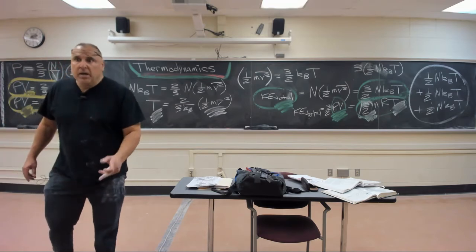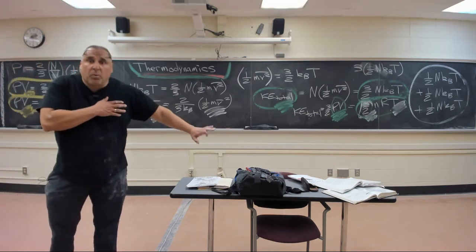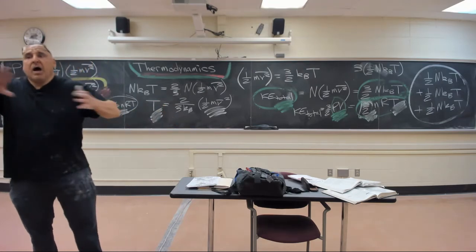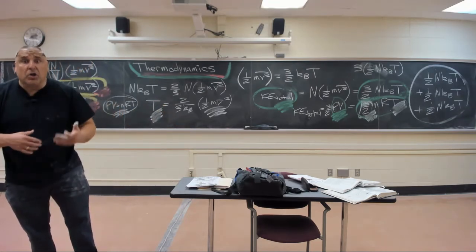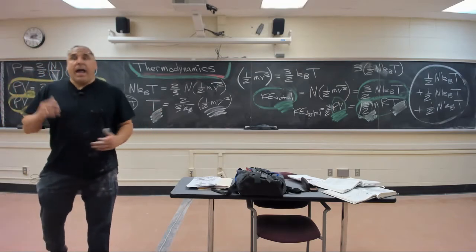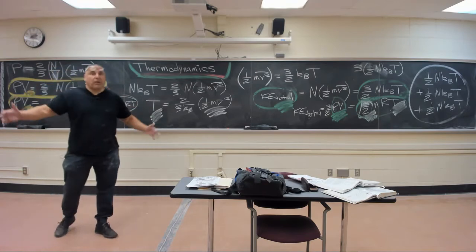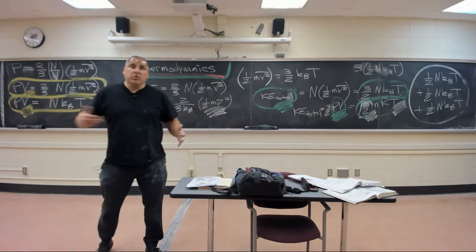You can do it, but you got to put a lot of energy into it because much of it will go to translational kinetic energy, other will go into rotational kinetic energy that can occur in various degrees of freedom, and also into vibrational energy. And all of it gets equally partitioned to do that.